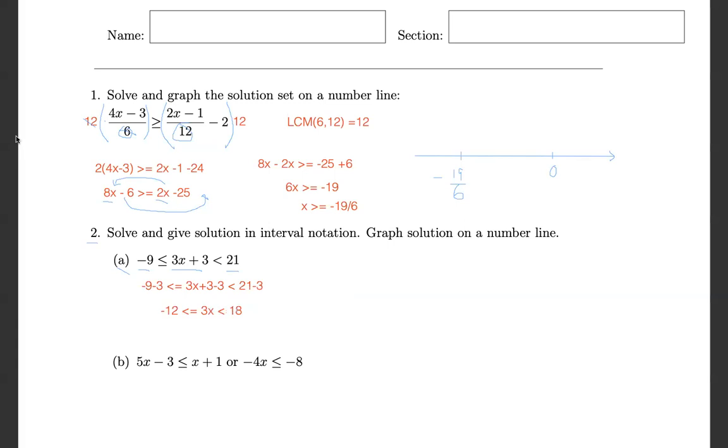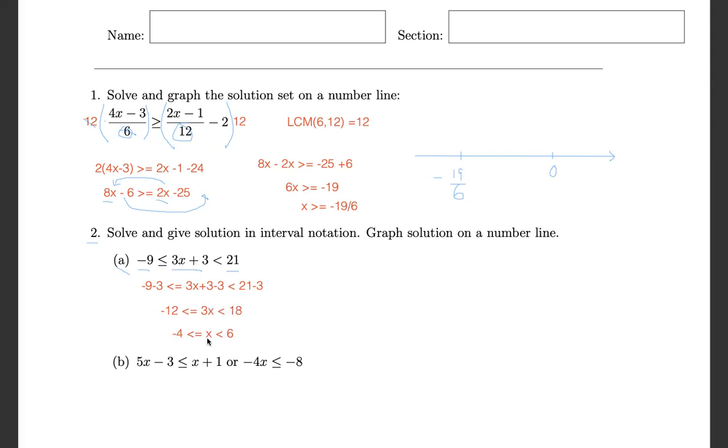Now I divide by 3 on all 3 sides. Negative 12 divided by 3 is negative 4. 3x divided by 3 is just x, since I don't bother to write 1 in front of x. 18 divided by 3 is 6.